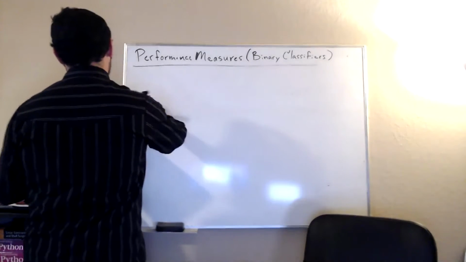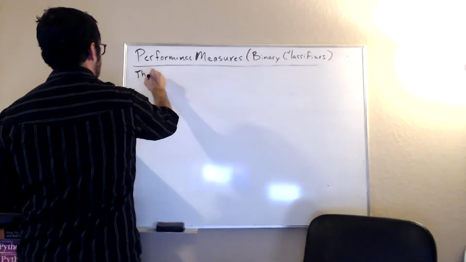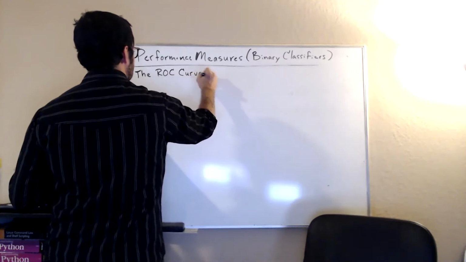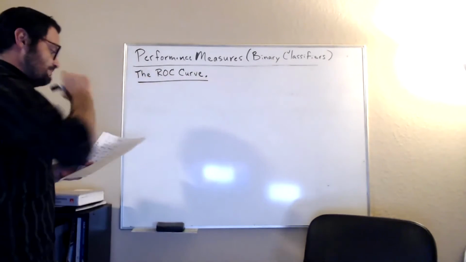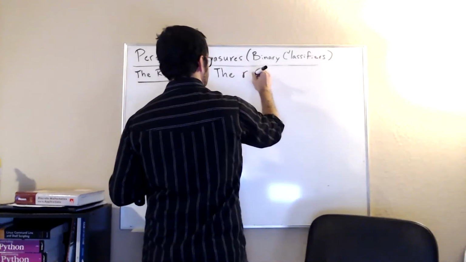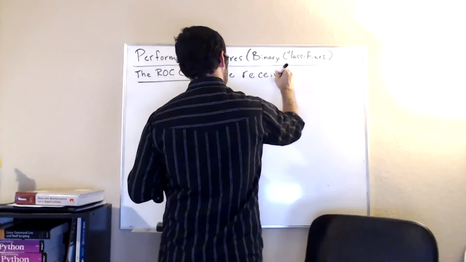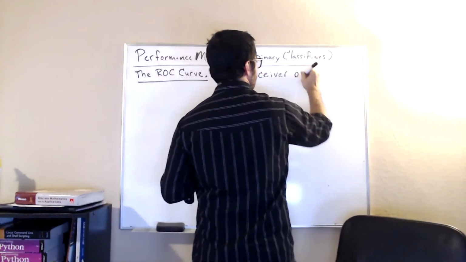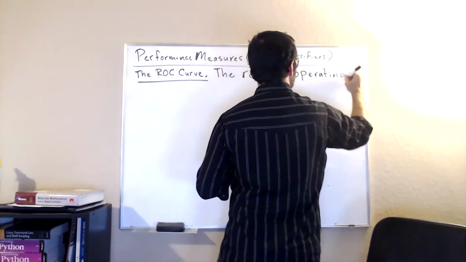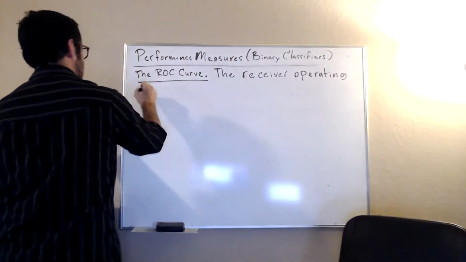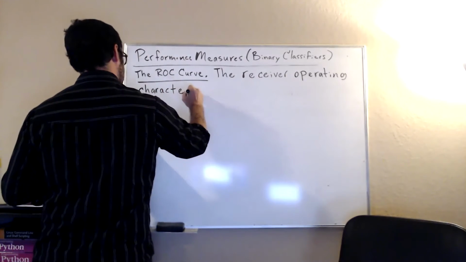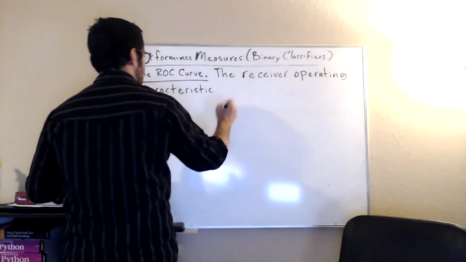In particular, we're going to look at what's called the ROC curve. So what this is, the receiver operating characteristic curve.